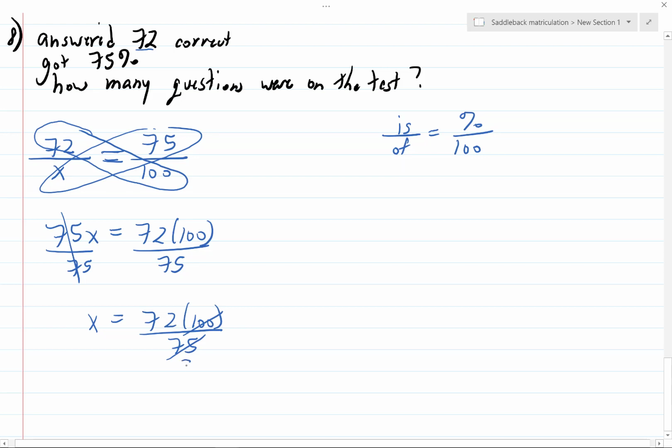So 75 divided by 25 is 3, 100 divided by 25 is 4, and then both the 72 and the 3 are divisible by 3. So 3 divided by 3 is 1, 72 divided by 3 is 24. So then the only survivors are 24 times 4 on the top, and 24 times 4 gives you 96.